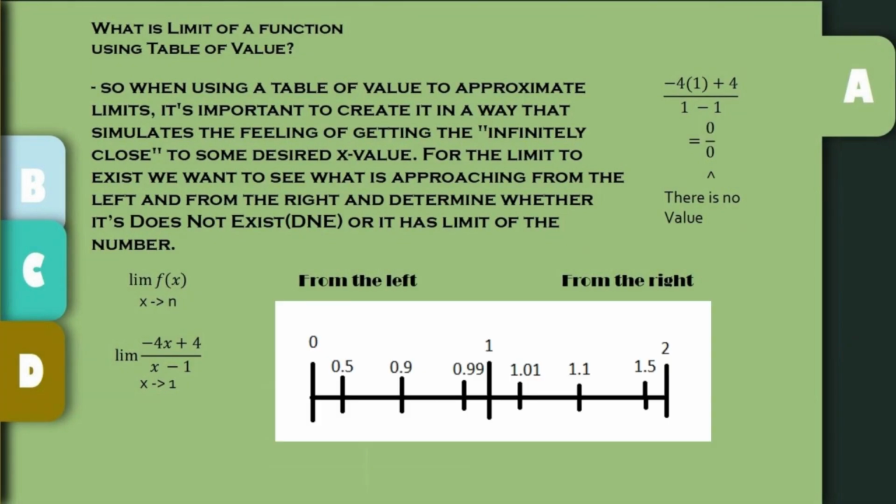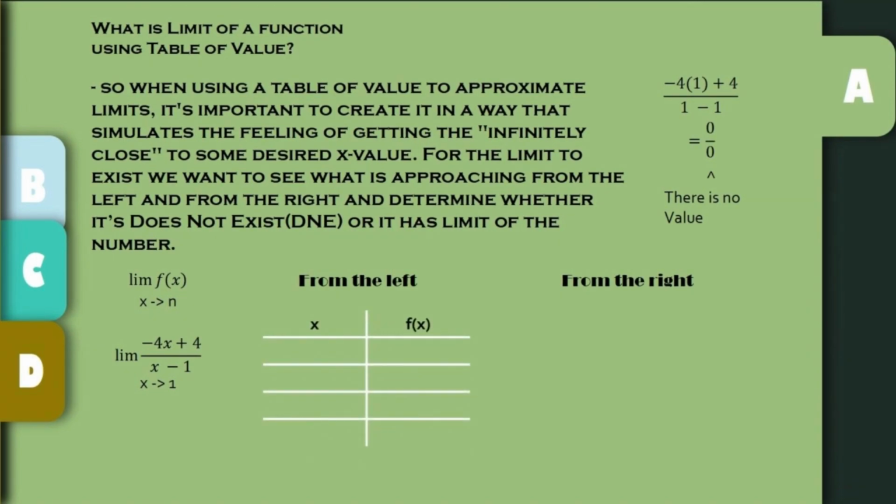In this picture, we can see from the left, we have 0, 0.5, 0.9, and 0.99. And from the right, we have 2, 1.5, 1.1, and 1.01 as the numbers are getting close to 1.